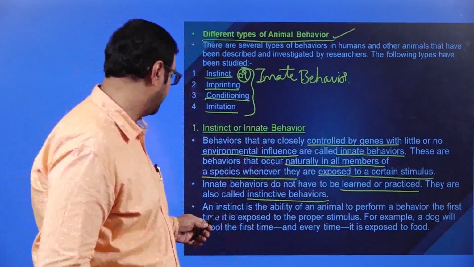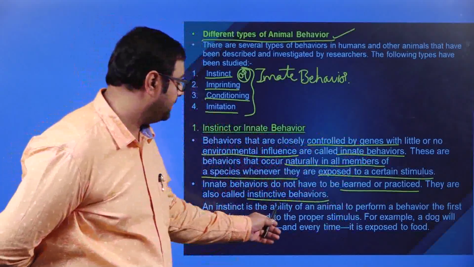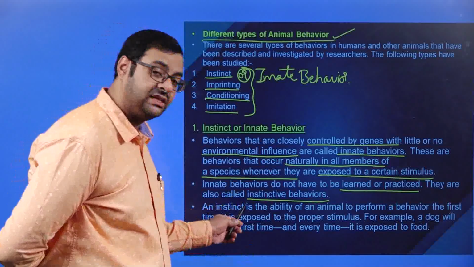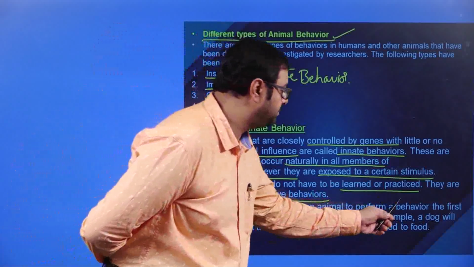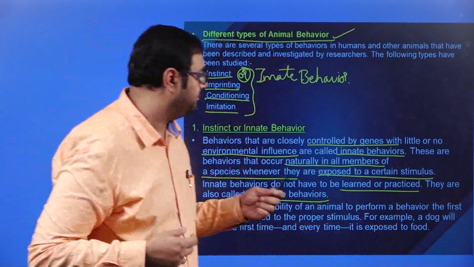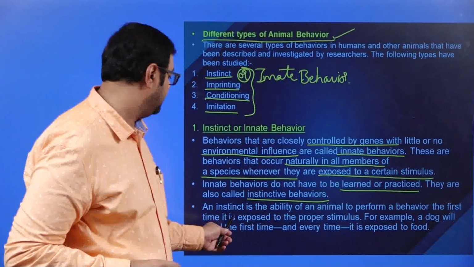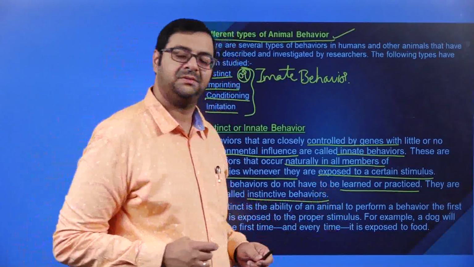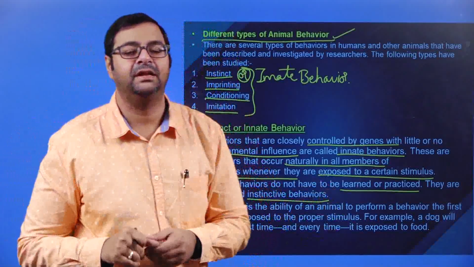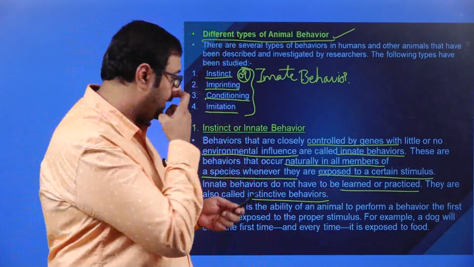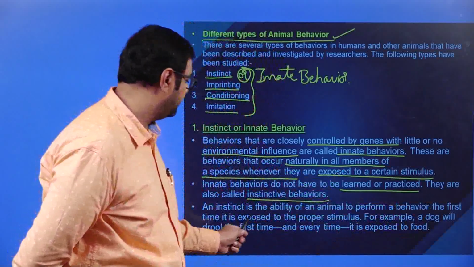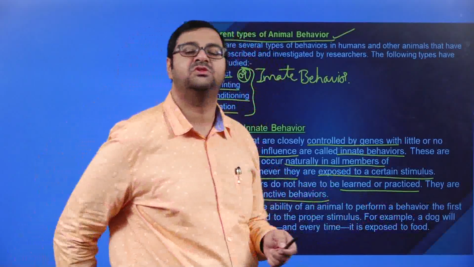An instinct is the ability of an animal to perform a behavior the first time it is exposed to the proper stimulus. When a proper stimulus is given, the animal reacts to it. For example, a dog will drool the first time, and every time, it is exposed to food.